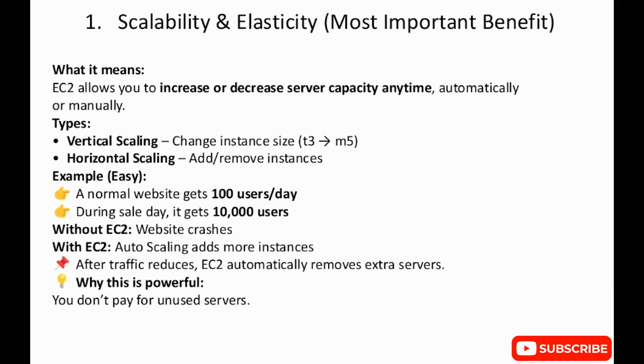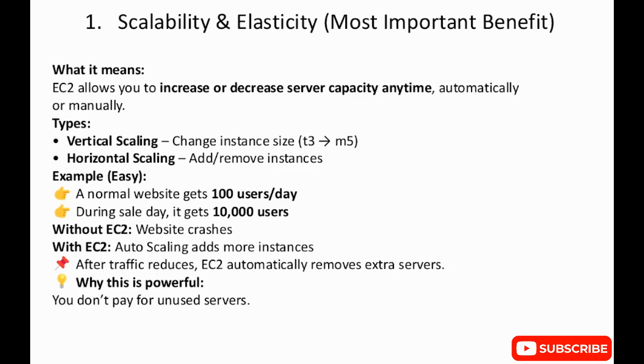But with EC2, auto scaling adds more instances. Automatically more instances will be added. So for this, we use auto scaling in EC2. After traffic reduces, EC2 automatically removes the extra servers. So see how good and beneficial it is to use EC2, and why it is powerful.